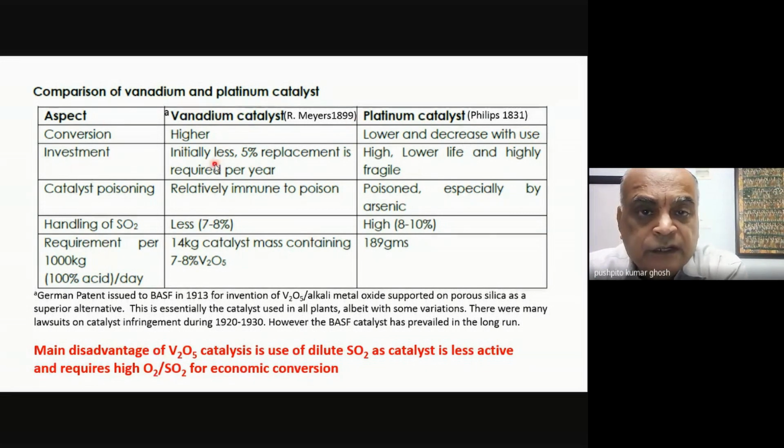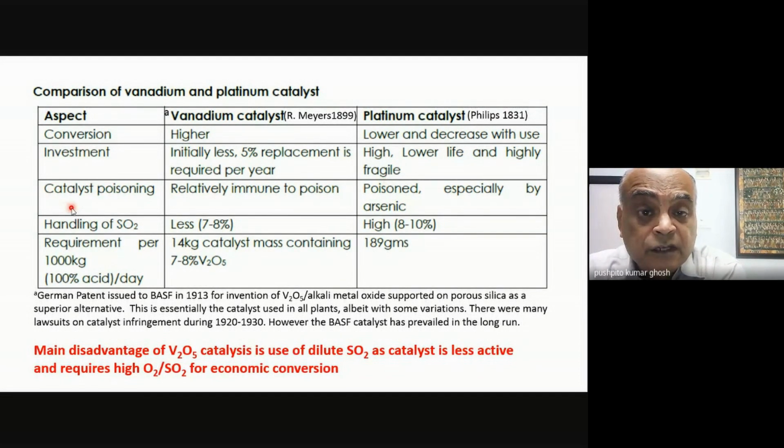Investment, initially less. 5% replacement of the catalyst is required every year. And in this case, the investment is very high because platinum costs more, has a lower life and is highly fragile, which means that obviously in terms of investment, the investment would be higher for the platinum catalyst.